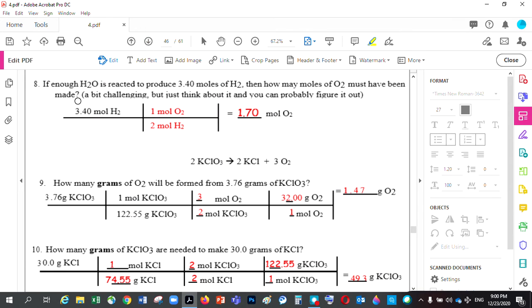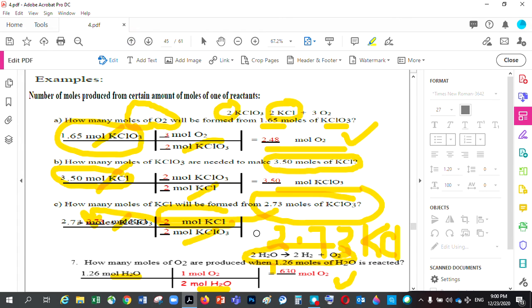If enough H2O is reacted to produce 3.4 moles of hydrogen, then how many moles of oxygen must be made? Well, you start with whatever is given to you. This is given to you, correct? 3.4 moles of hydrogen. Now for this mole ratio, to get rid of the moles of hydrogen, you go back and look. I have 2 moles of hydrogen to 2 moles of H2O.